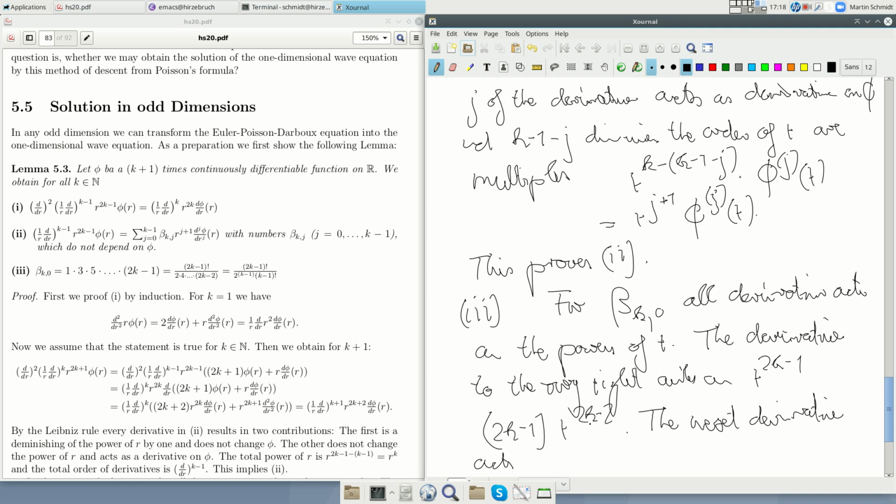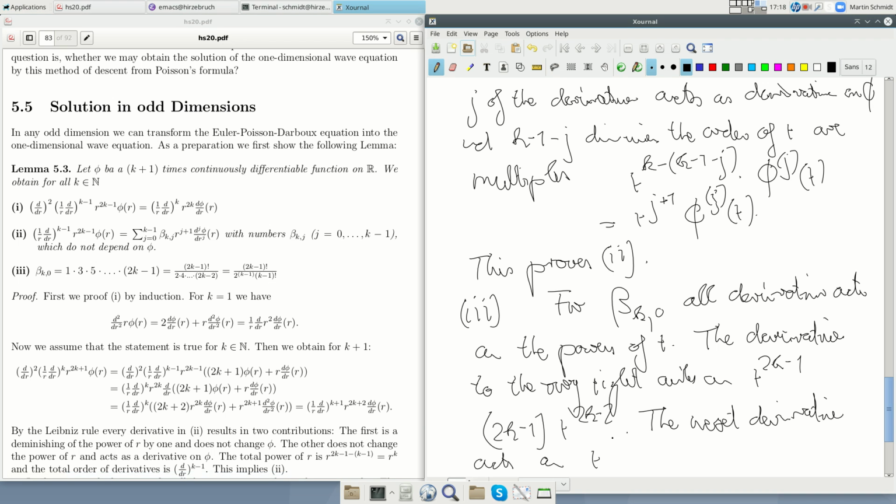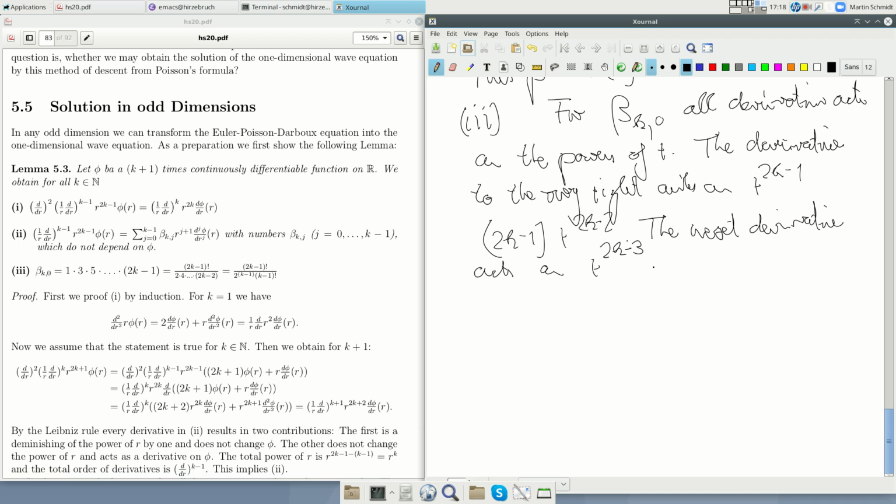We have here one additional r, so it acts on r to the power 2k minus 3. So it gives 2k minus 3 and r to the 2k minus 4. And now the next, and so on.